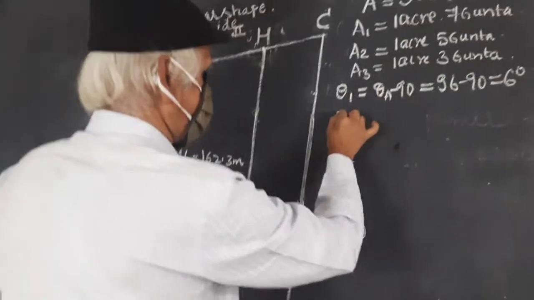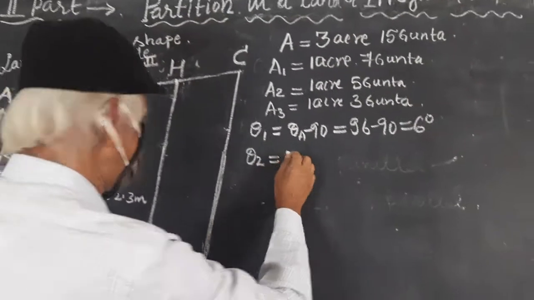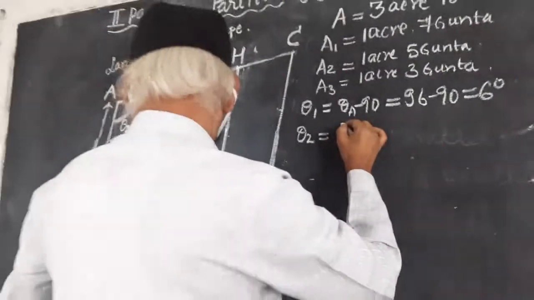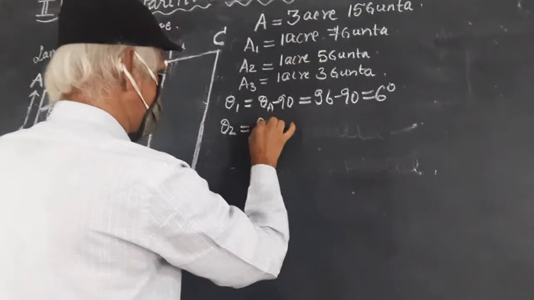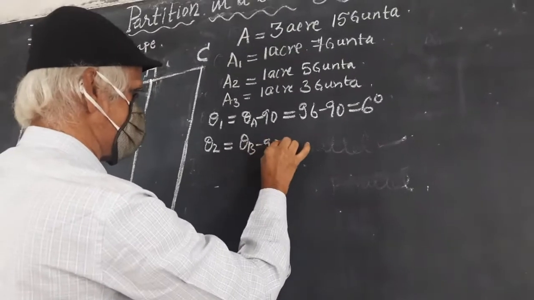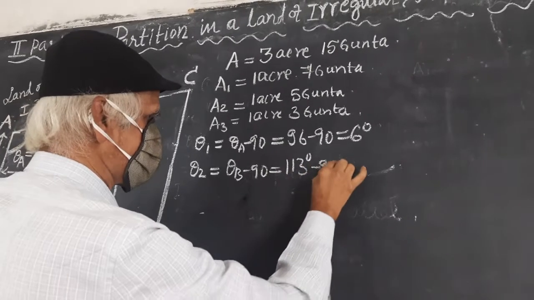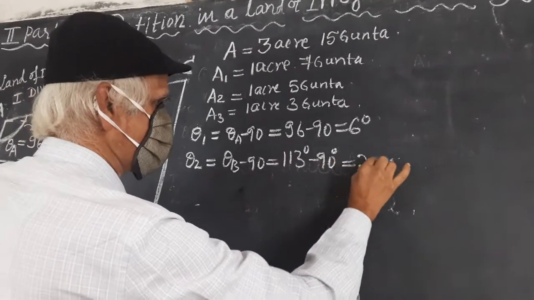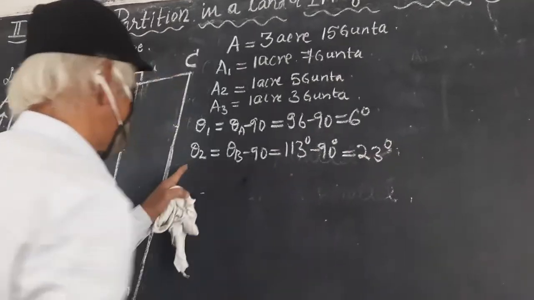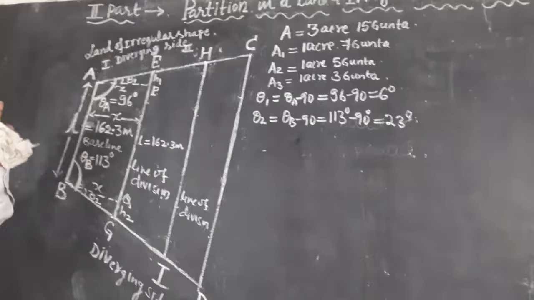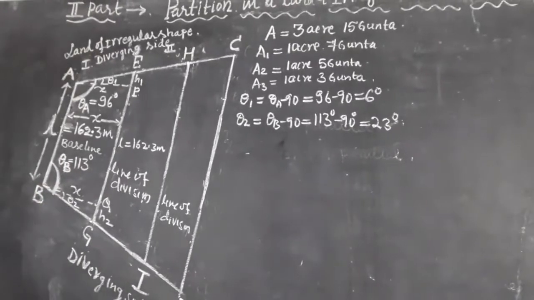Similarly, theta 2, since BQ is perpendicular, this is theta B minus 90 degree, that is 113 degree minus 90 degree, that is equal to 23 degree. The theta 2 is 23 degree.